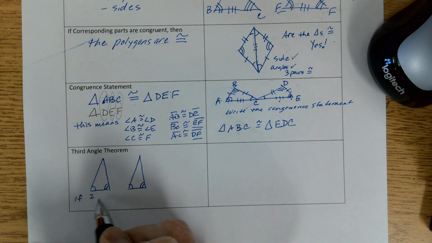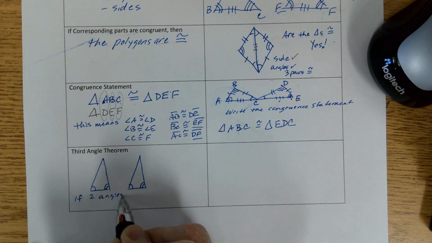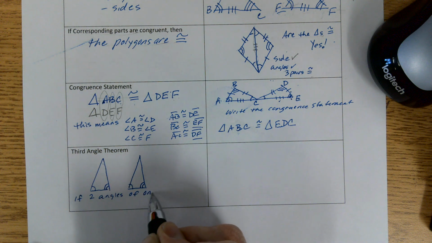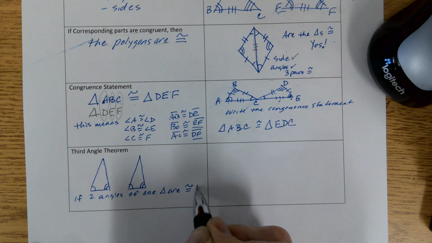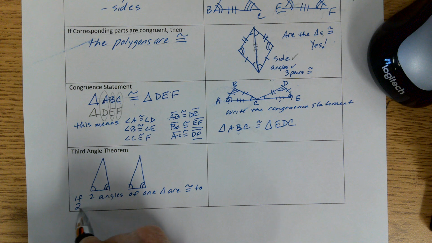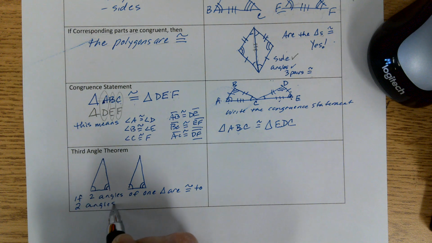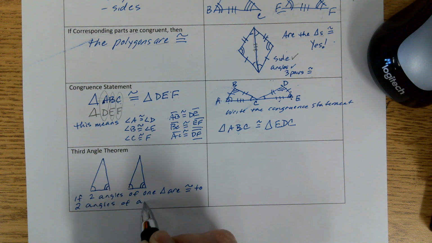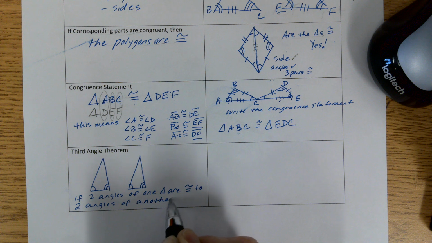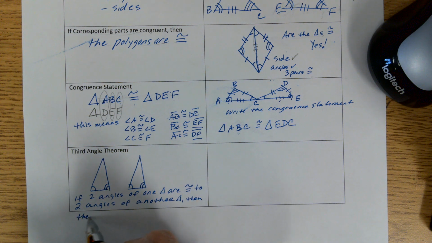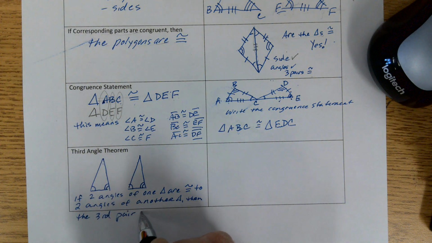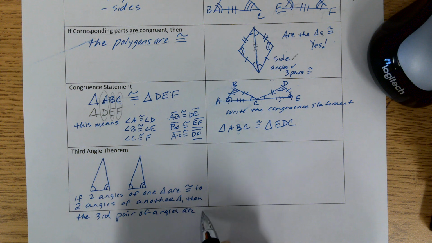If 2 angles of one triangle are congruent to 2 angles of another triangle, then the third pair of angles are congruent.